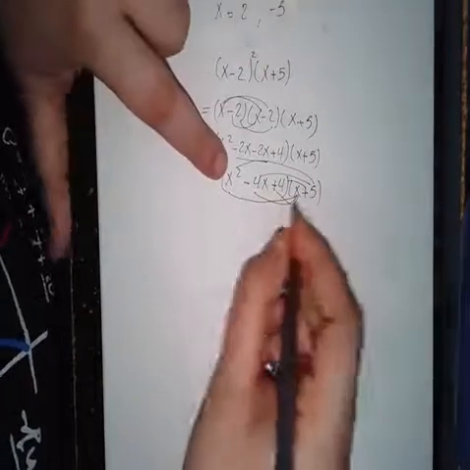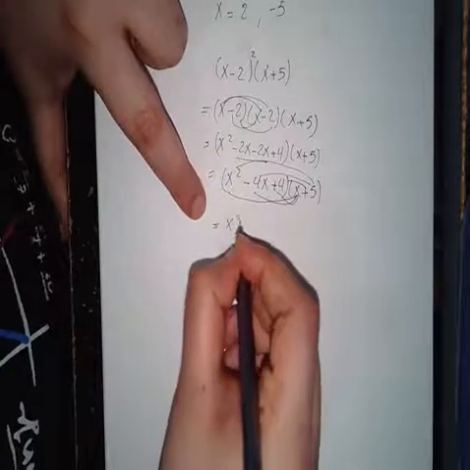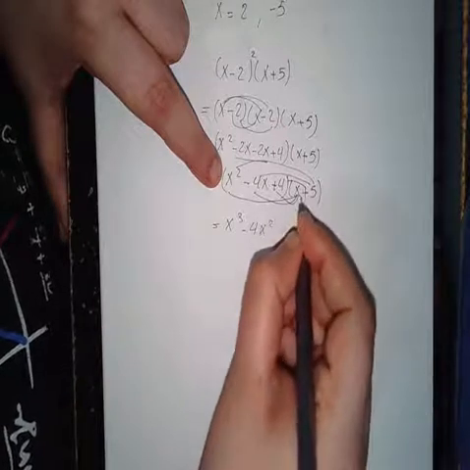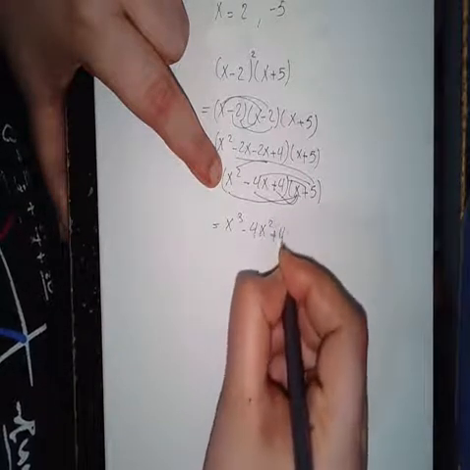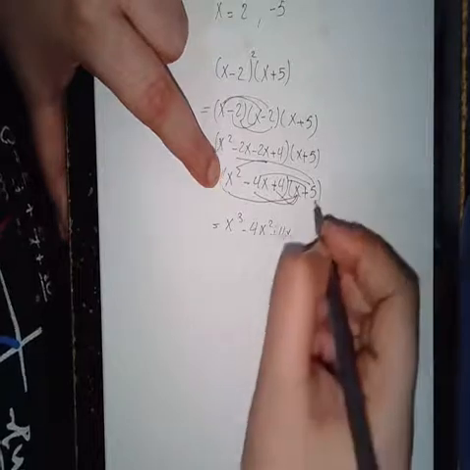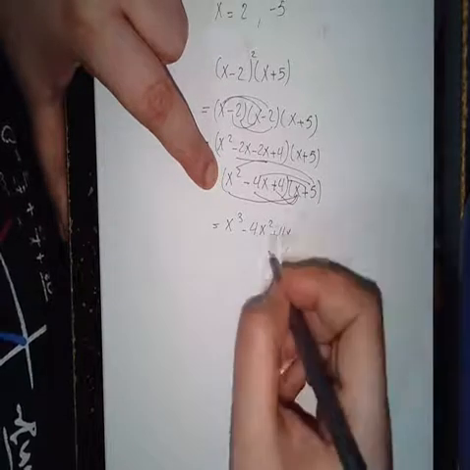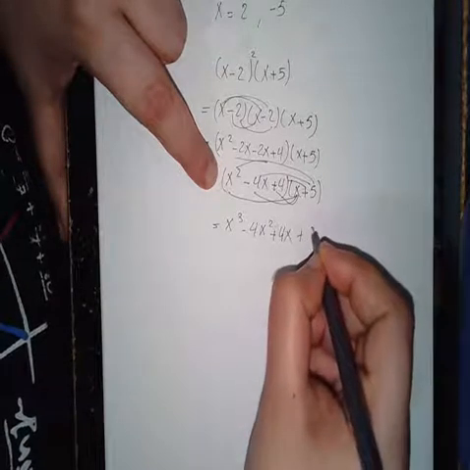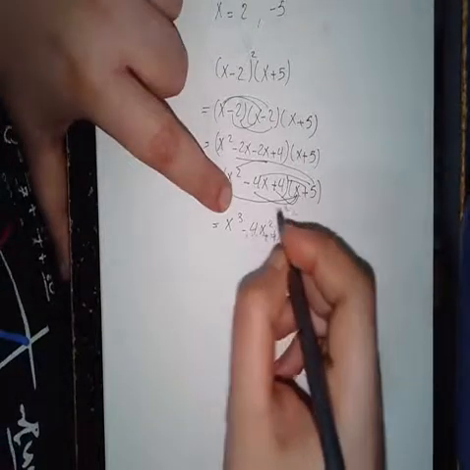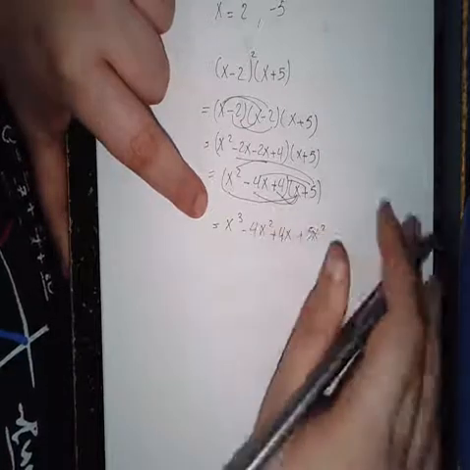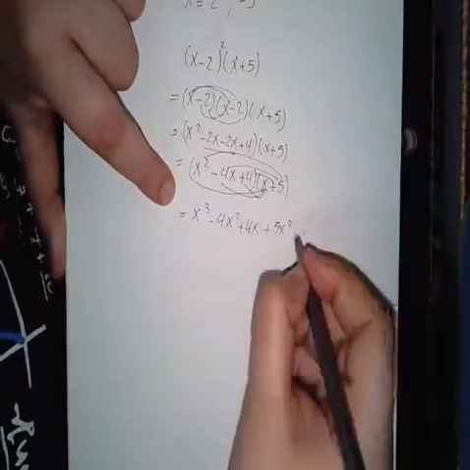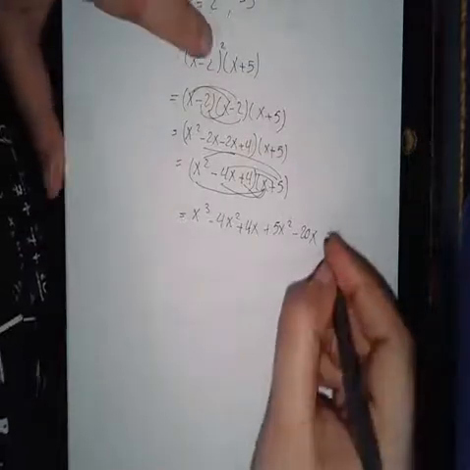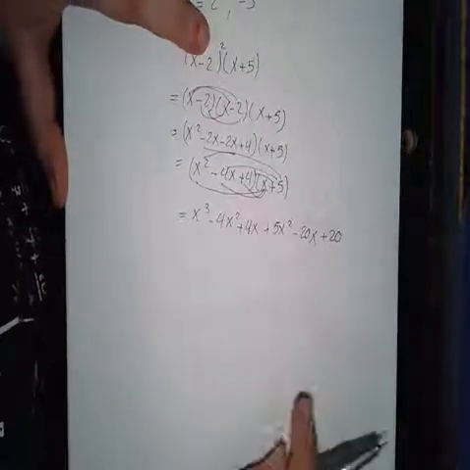So x squared times x gives you x cubed. x times negative 4x is going to be negative 4x squared, and x times 4 is going to be positive 4x. 5 times x squared is going to be positive 5x squared. 5 times negative 4x is going to be negative 20x, and 5 times the 4 is going to be a positive 20.